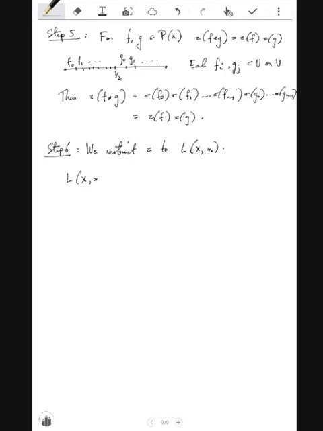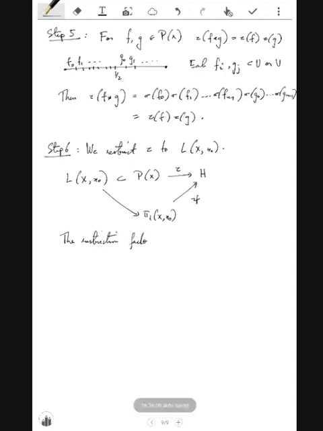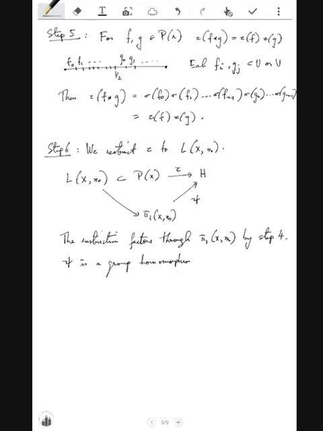So we have the inclusion as a subset of the paths in X. We have defined tau there, and because of step 4, tau factors through, so the restriction factors through pi_1 of X, x_0 by step 4. Psi is a group homomorphism by step 5.